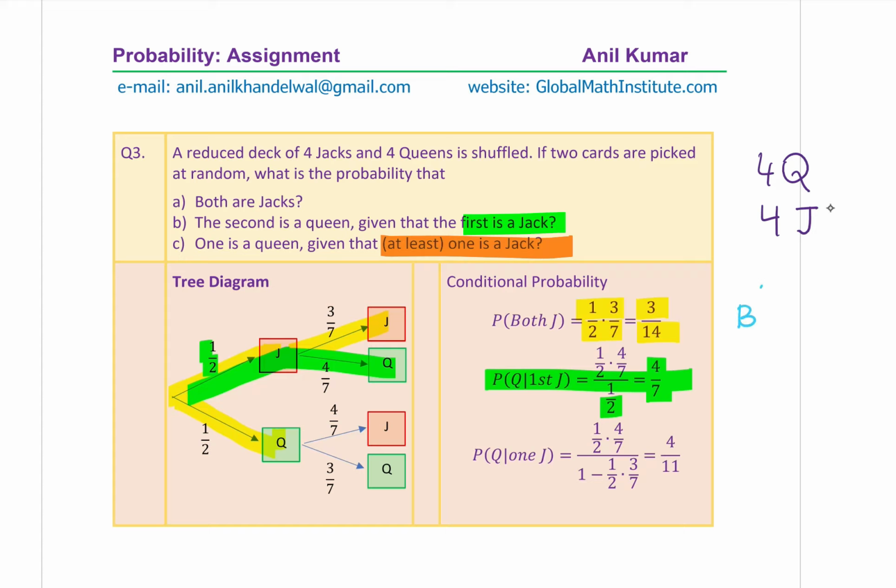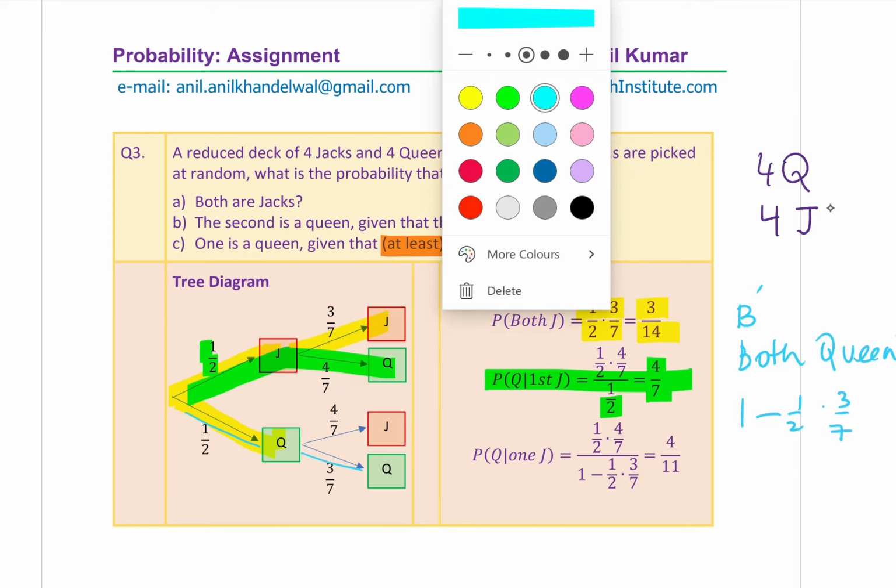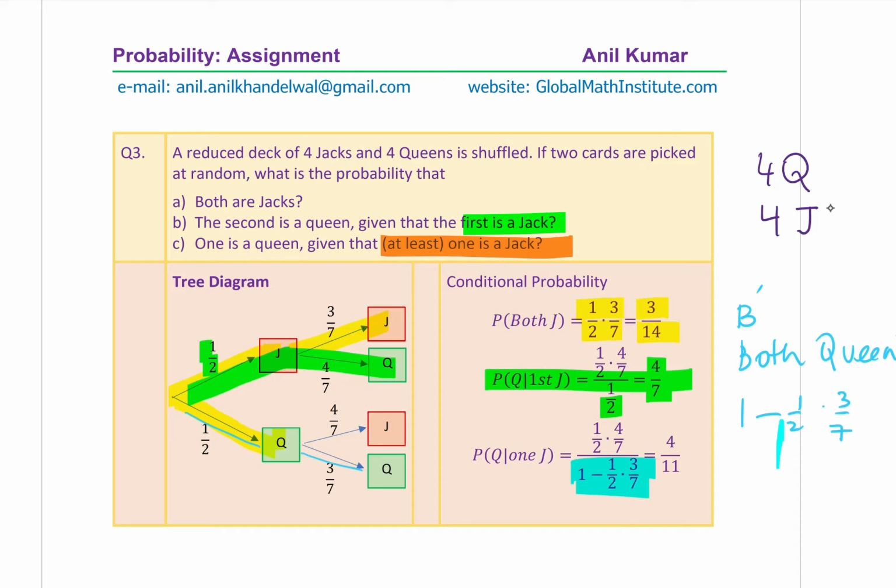So it is the complement of both queens. So what we do is 1 minus the probability of getting both queens, which is 1 over 2 times 3 over 7. That comes into the denominator as the probability of getting at least one jack.